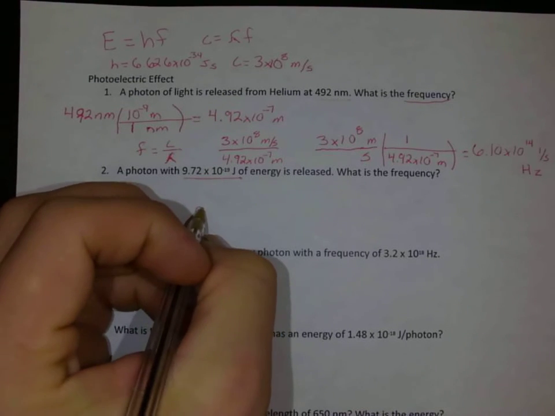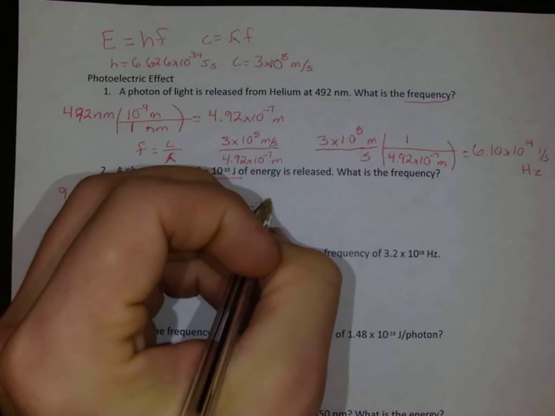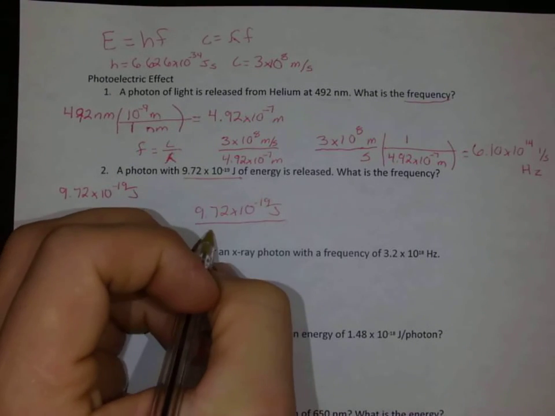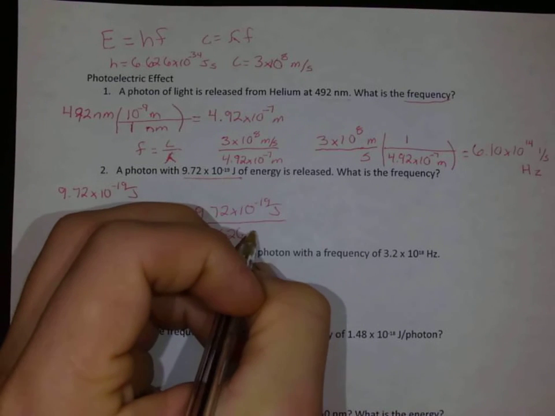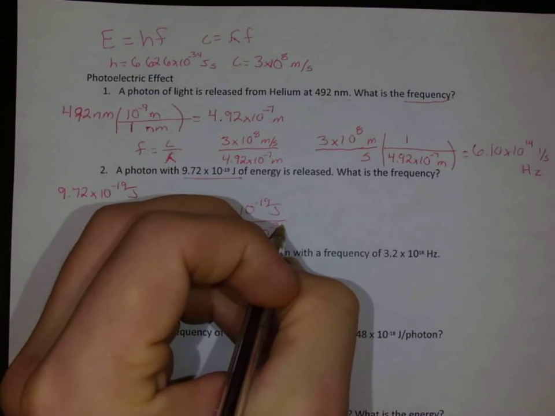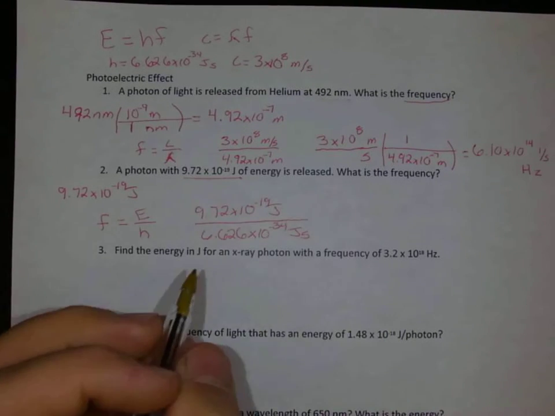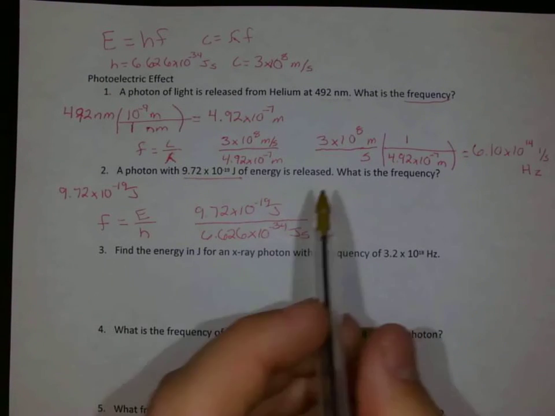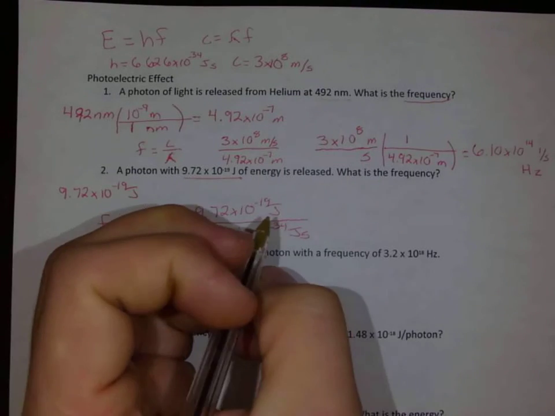E is 9.72 times 10 to the minus 19th joules, and I'm going to divide it by 6.626 times 10 to the minus 34th joule seconds. And what I can see here, again, is that joules divided by joules is going to end up giving me the appropriate units for frequency. I can also put it in like that if I wanted to.